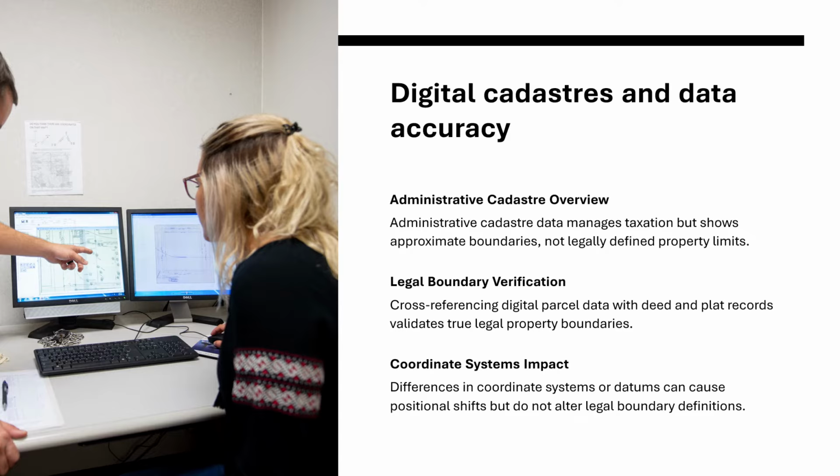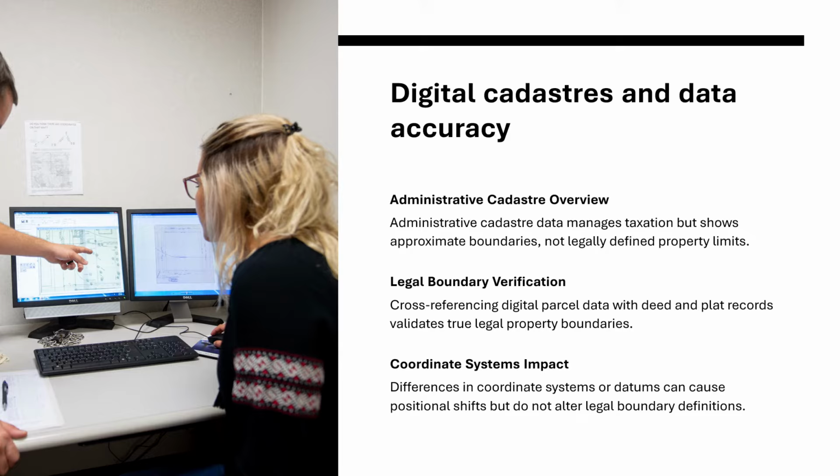Now is a good time to pause and connect what you've just done and what we discussed in Lecture 9. When you downloaded the parcel data from the CAD, you were accessing part of what's known as an administrative cadastre, a data set used to manage taxation, not define ownership. The boundaries shown in those digital files are approximations, not legal boundaries.